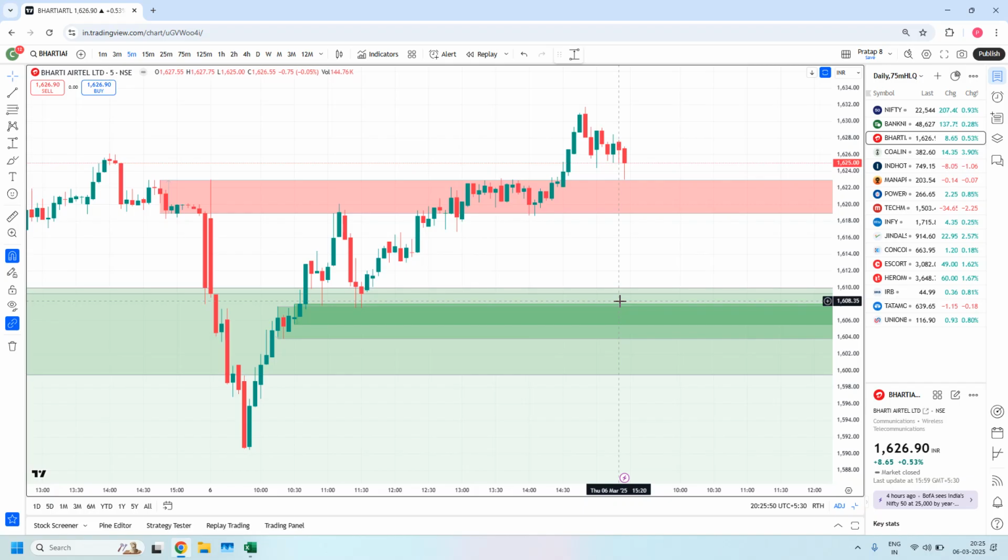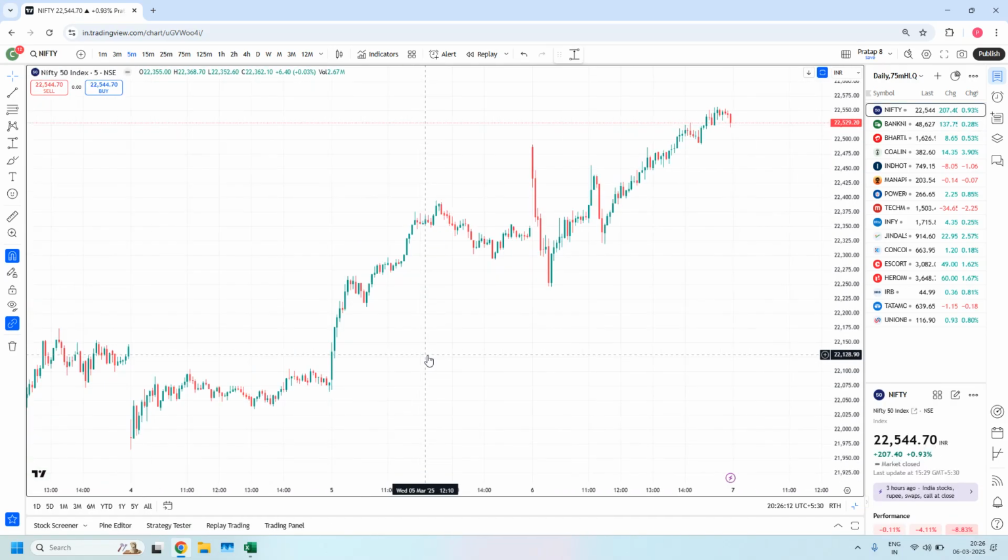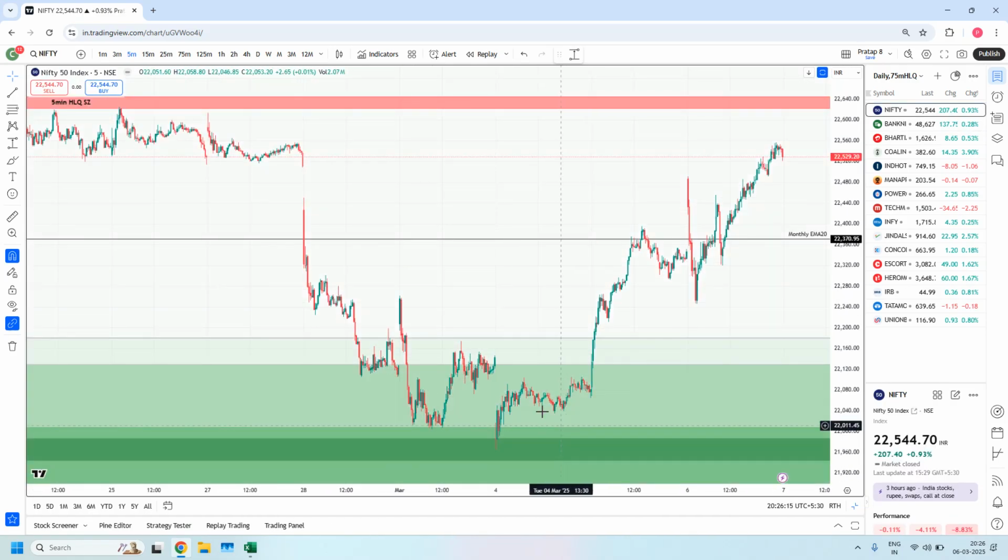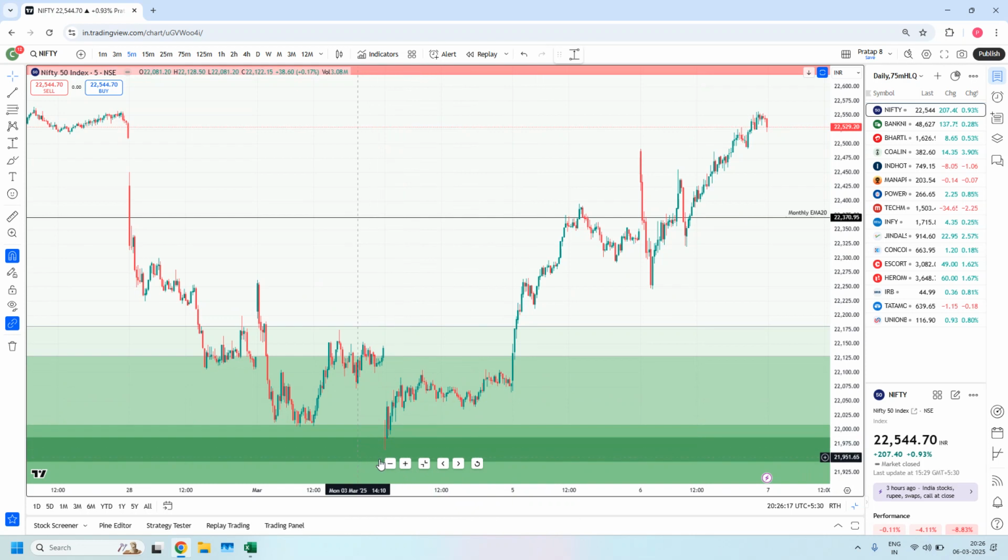While analyzing it, we identified inside the Nifty monthly demand zone a weekly pierced zone, which also has a daily zone overlapped, that is also pierced. Somewhere in that area, a little above the overlap, a new 75 minutes order flow was created. That new 75 minutes order flow we drew on 14th January in Nifty. See this thick dark green color, this is the fine-tuned 5-minute zone we drew on 14th January.